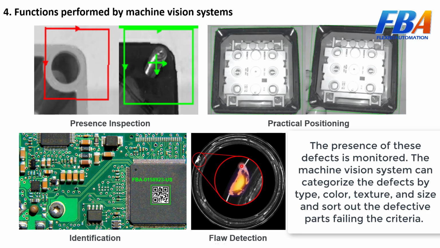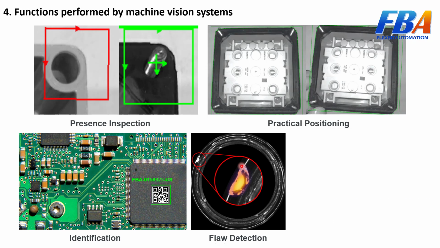The presence of these defects is monitored. The machine vision system can categorize the defect by type, color, texture, and size, and sort out the parts that fail the criteria.